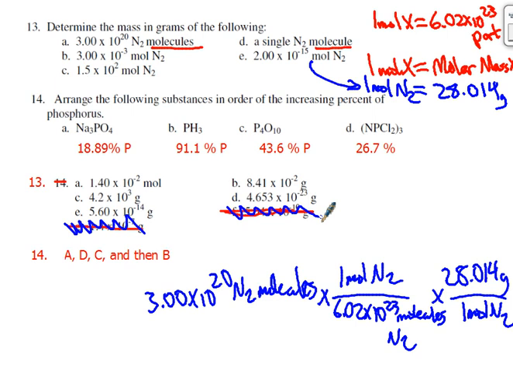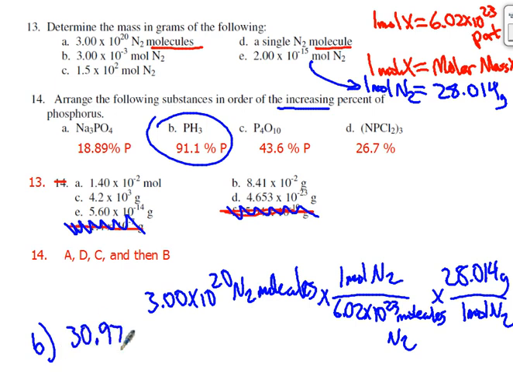And 14, arrange the following substances in order of increasing percent phosphorus. Well, how are you going to do the percent phosphorus? Well, you take the element in question and divide it by the total. So like with B, I'll just show you how I did B. I did phosphorus. Phosphorus is 30.974.